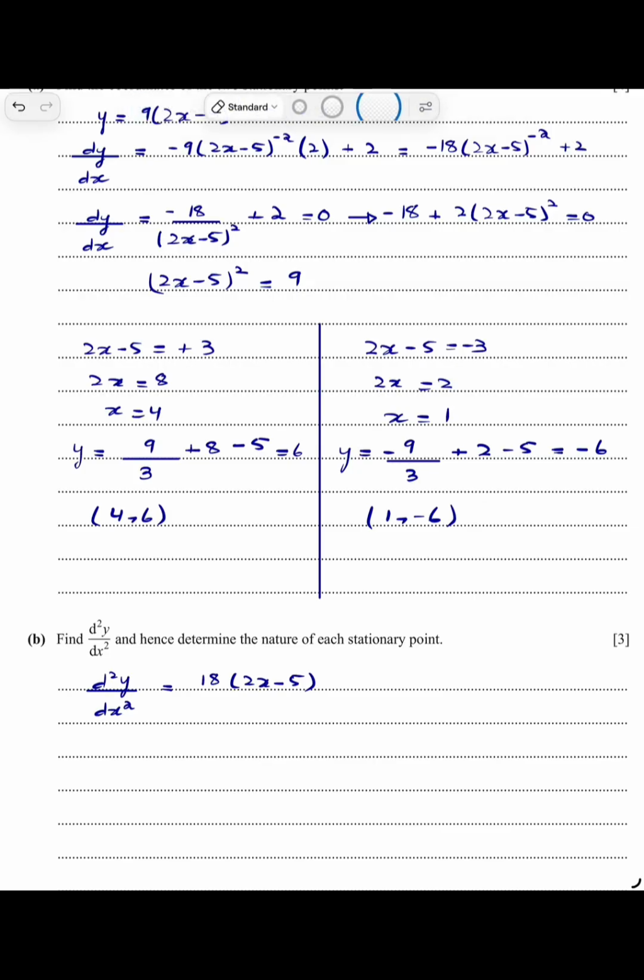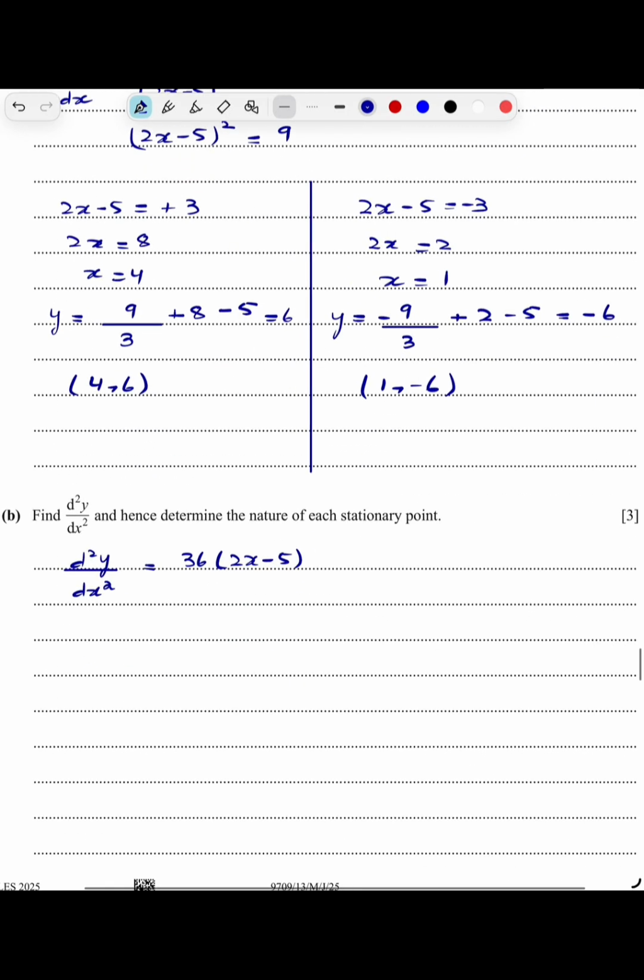So -18 into -2 is +36. Then we have (2x - 5) to the power -3, and the derivative of 2x - 5 is just 2. So we have 72 over (2x - 5) cubed.